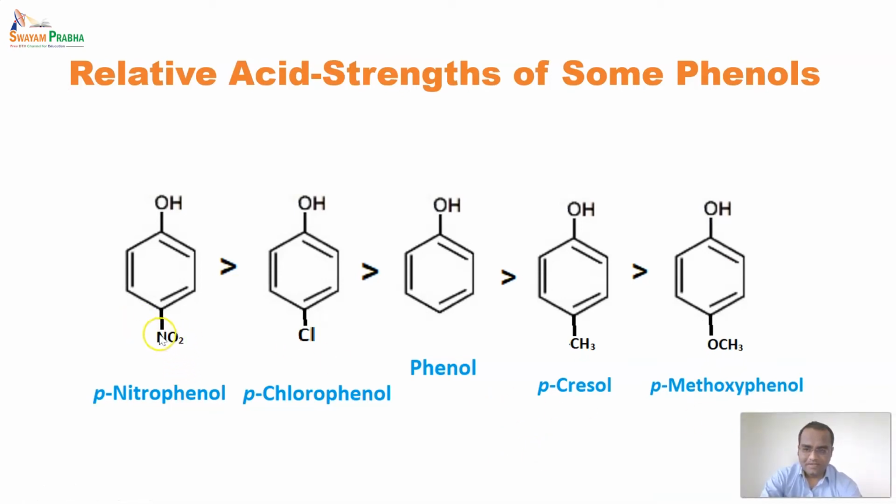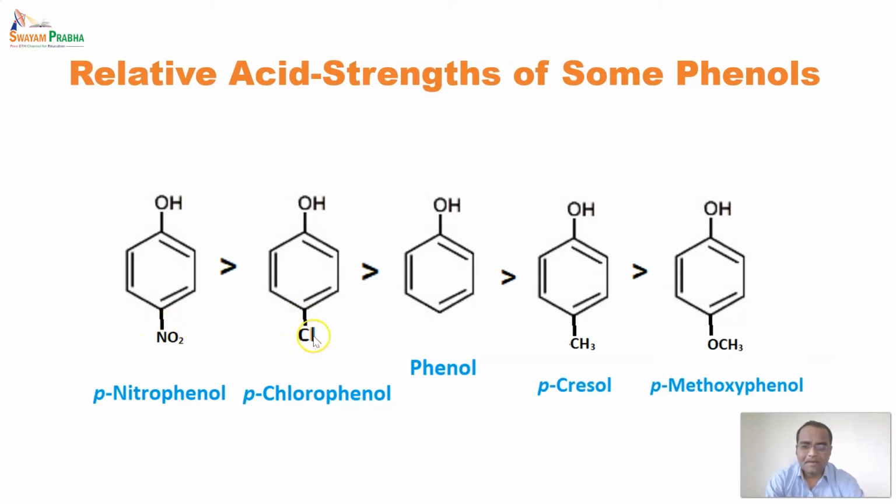So here you can see that these are electron withdrawing substituents, which increase the acid strength of this phenolic ring. And also here it can be distinguished that the nitro group has more electron withdrawing power compared to the halogen. So that is at the top level.